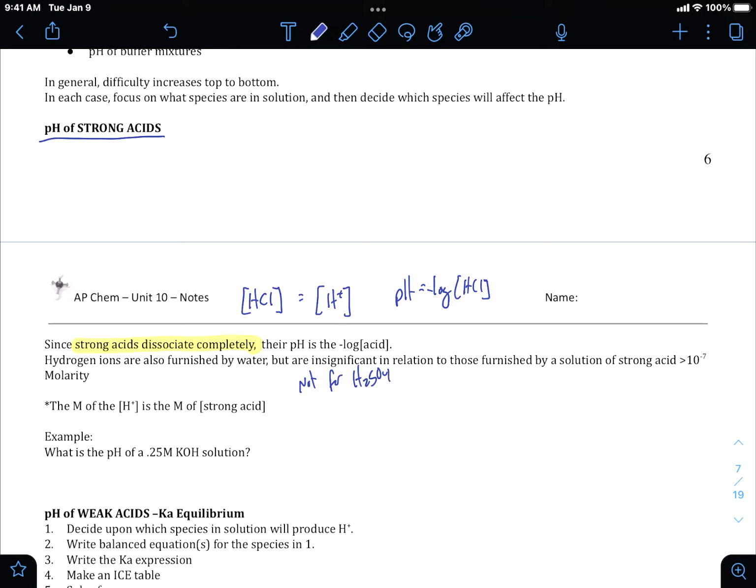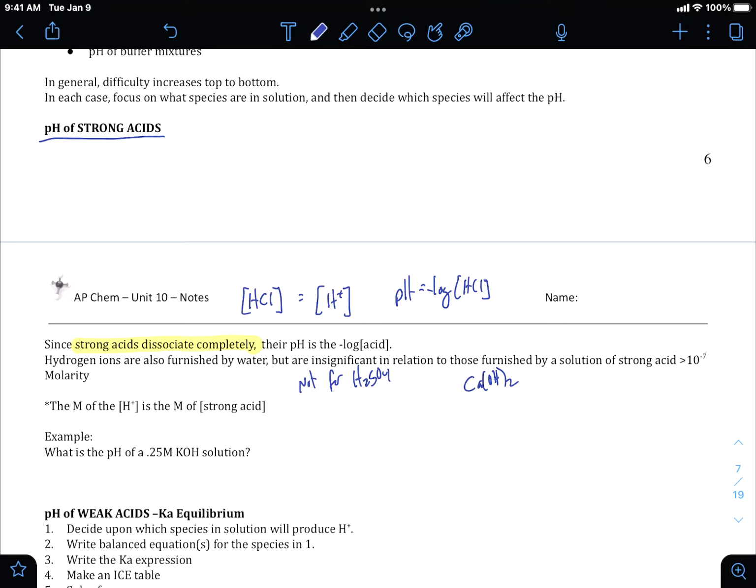I know that's a strong acid, but it does not apply to sulfuric acid. You're going to see why in a little bit. Also, be careful about strong bases that have 2 hydroxides. So calcium hydroxide, you'd have to double the concentration of hydroxide first before you take the pOH of it.